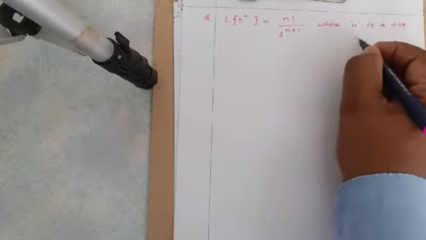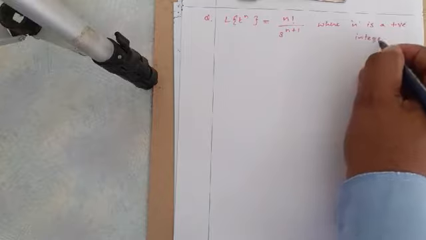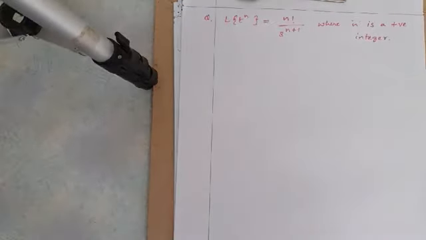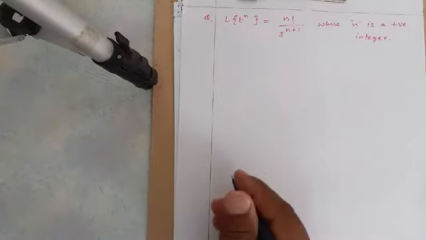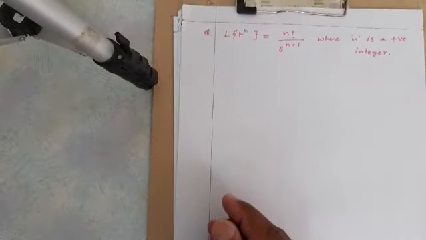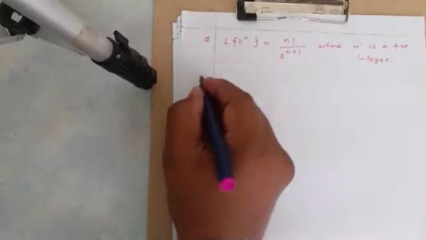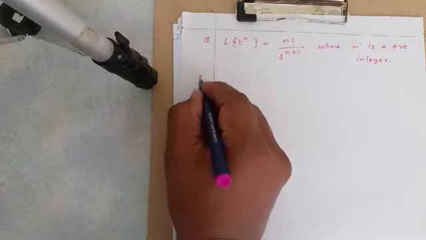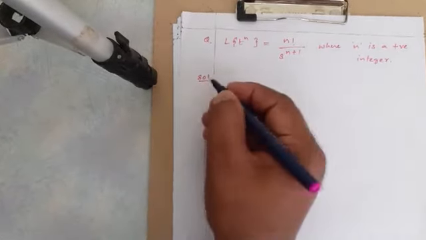In the previous class I have told you about positive integer and negative integer. Positive integer is nothing but which is greater than 0, and negative integer is not a negative fraction, remember.